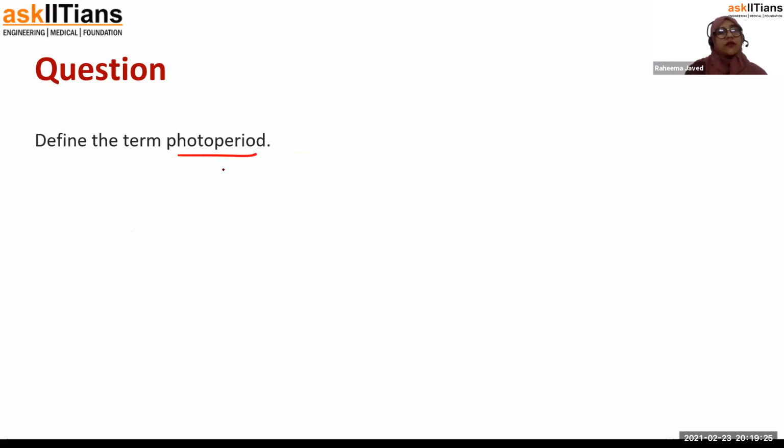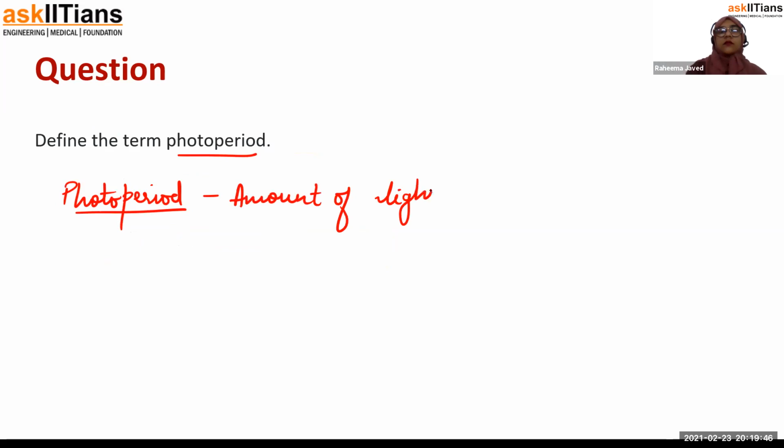So in this question, we have to define the term photoperiod. Photoperiod is the amount of light that is required by the plant to flower.